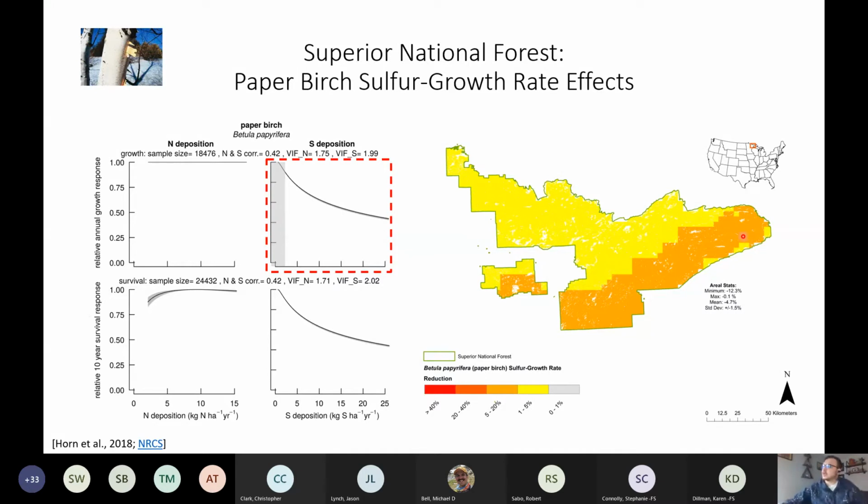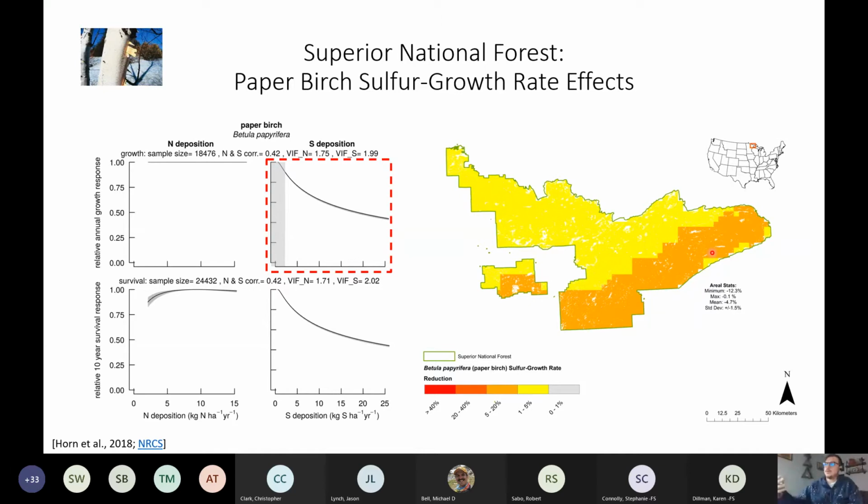I just want to make note here that the grid cell size of this example is actually at the 4-kilometer grid cell size of the deposition. You can see here, the little white areas, there's no paper birch present within those areas. So you're going to kind of see those pockets show up. It's only where those continuous surfaces predicted that paper birch would be.